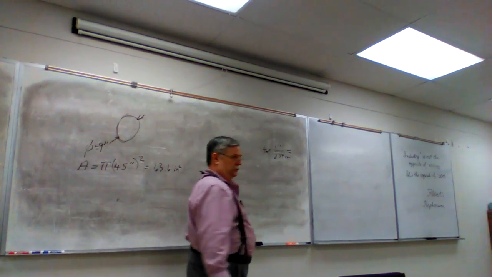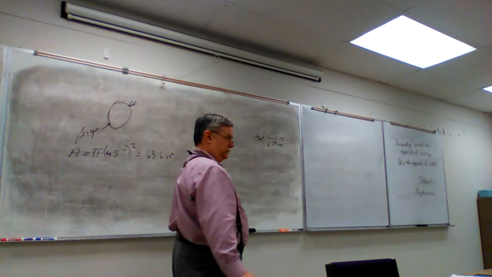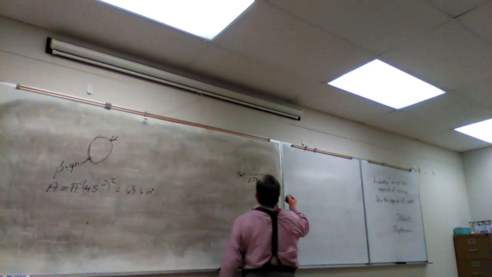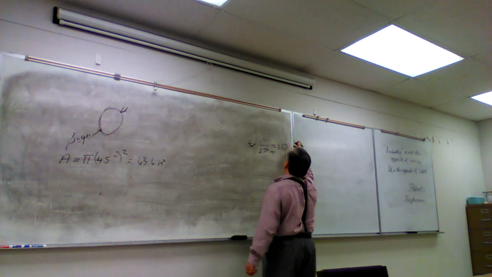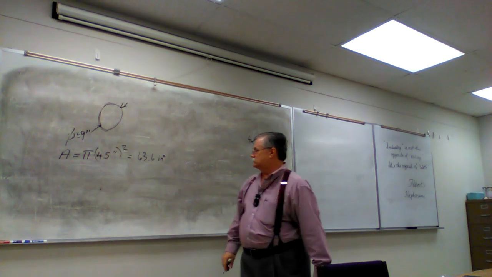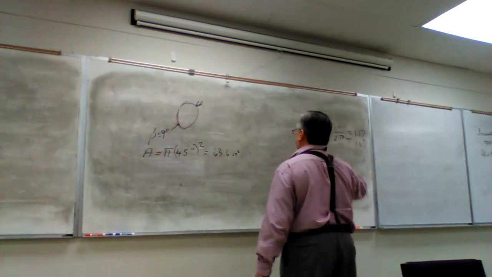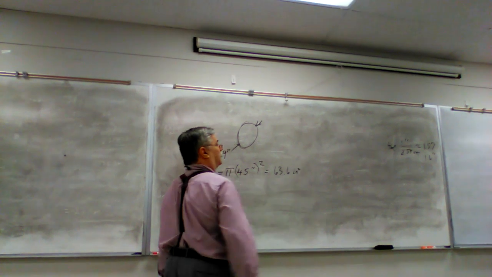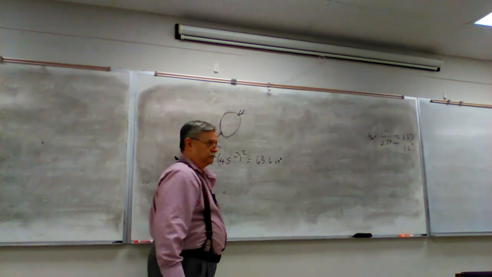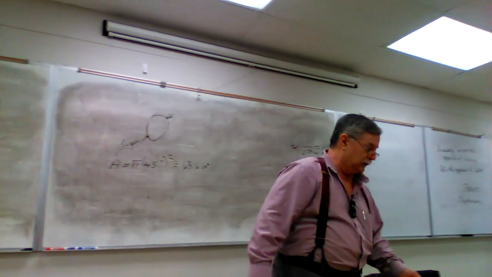So 4 divided by 2.54 equals? Okay, we're going to call that 1.6 inches. You know what? Let's leave 1.57 since we got 3 digits here. We'll round it down to 1 significant digit when we get to a final answer.